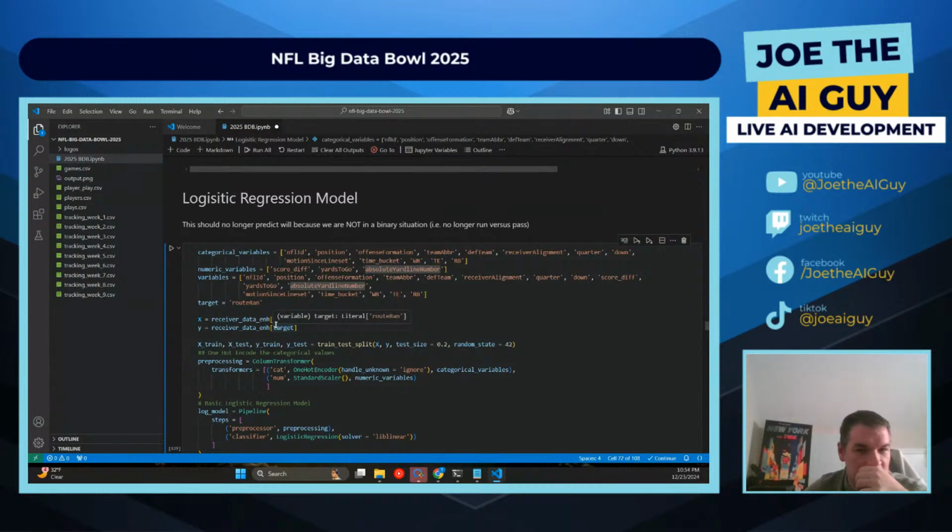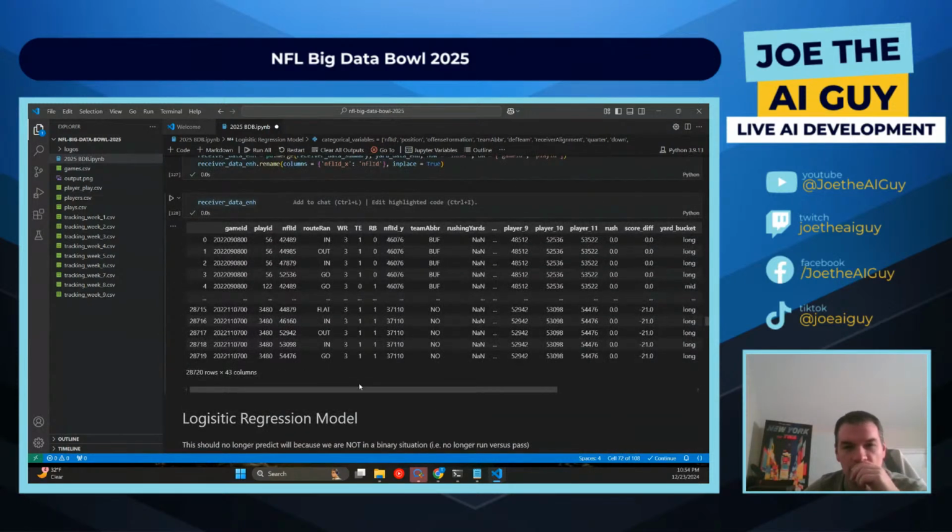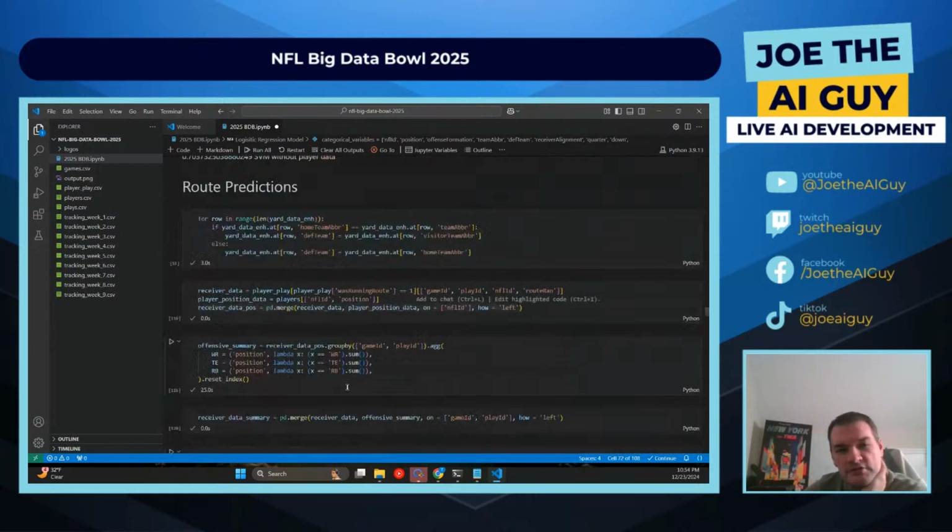Position. Where'd the position go? Hold on.